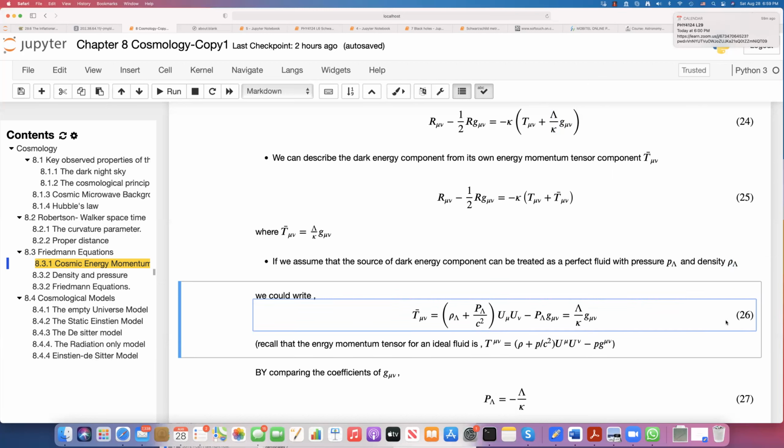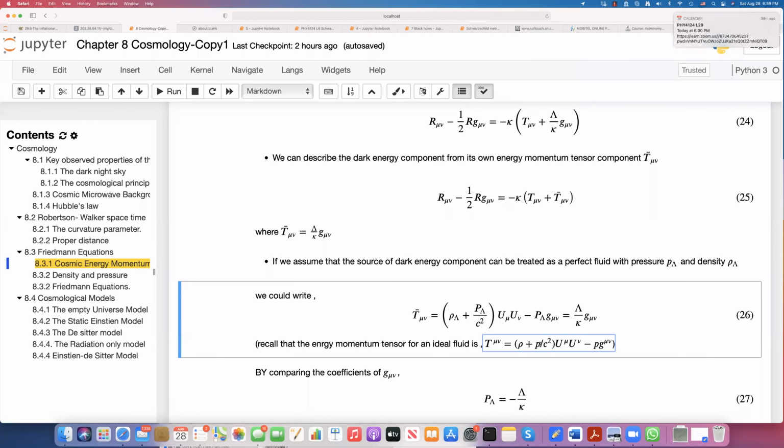The reason I can write it this way is that, if you recall the energy momentum tensor for an ideal fluid that we wrote in earlier chapters, I guess in lecture 6, T mu nu equals this whole term. I have basically used the same equation right here. The only difference is that now, instead of rho, you have rho lambda for the dark energy term, and for the pressure, it will be P lambda.